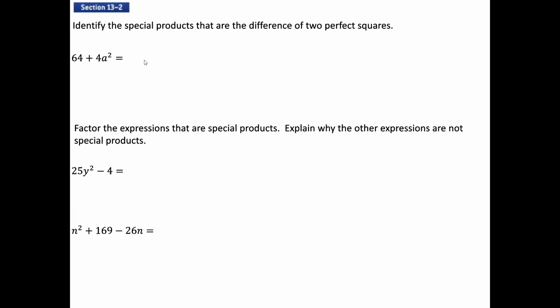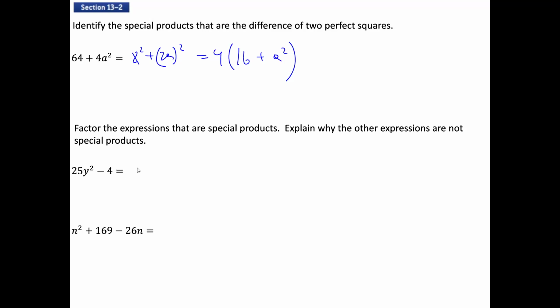What is it? 8. So 8 squared plus 2a squared. Does it change anything? Not really, because we need a minus here. So what we're going to do is take 4 outside and have 16 plus a squared. That's the most factoring that can be done here.